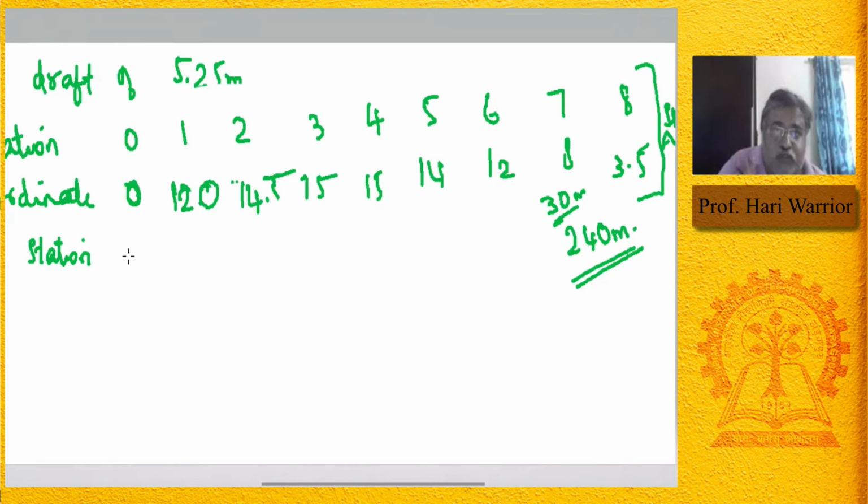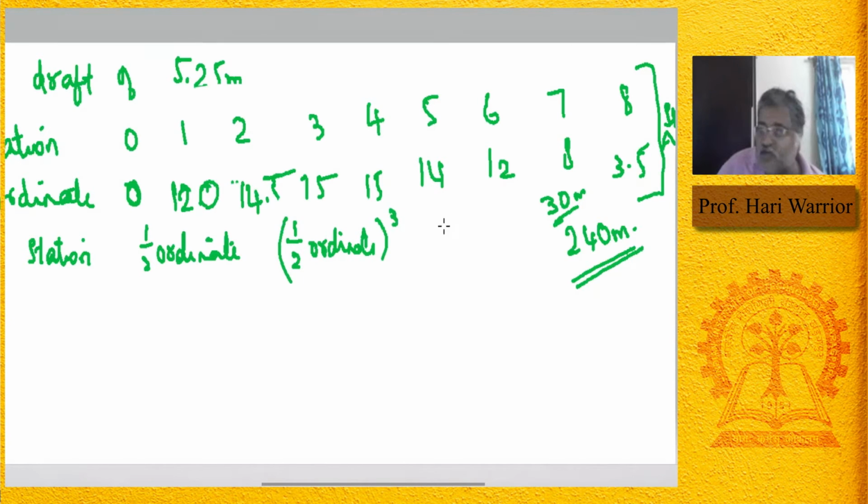You need half y cubed, the cube of the half ordinate. So basically it comes like the station, half ordinate, then half ordinate cubed, then the Simpson's multiplier and the function of second moment.